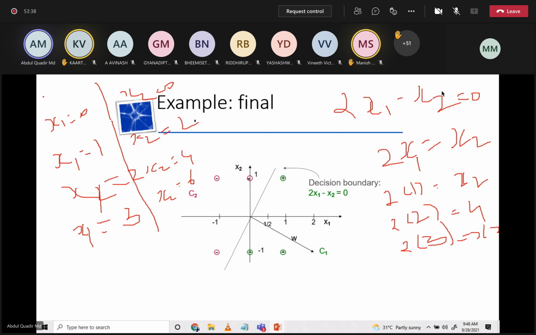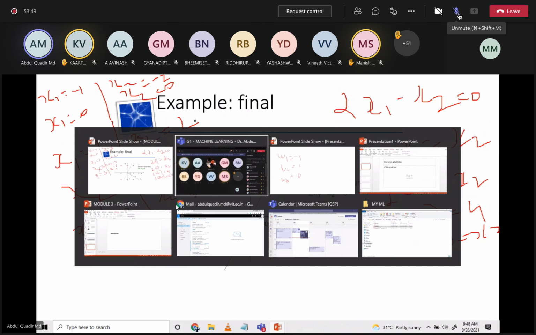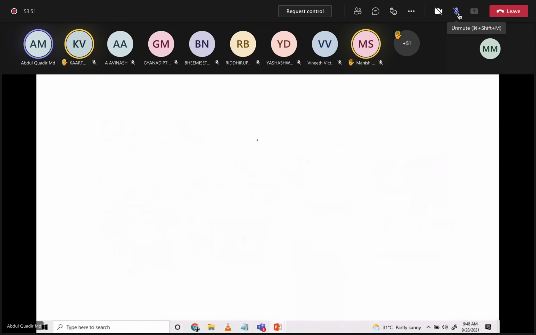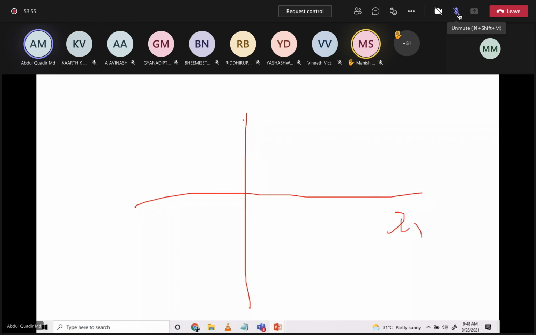If I supply x1 as -1, what will be the value of x2? -2. Now can I plot like this? This is x1, right? And this is x2, right?